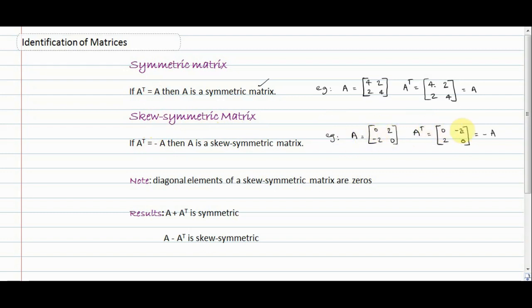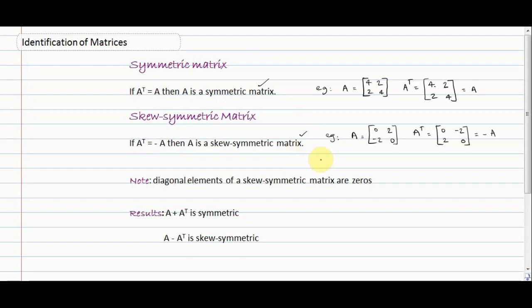And the second row is taken from column 2 of the actual matrix, and the elements are 2, 0. Now you can see that this matrix is nothing but minus A. Therefore, the given matrix A equal to 0, 2, minus 2, 0 is a skew symmetric matrix. So for a skew symmetric matrix, the transpose of that matrix will be equal to minus of the actual matrix.